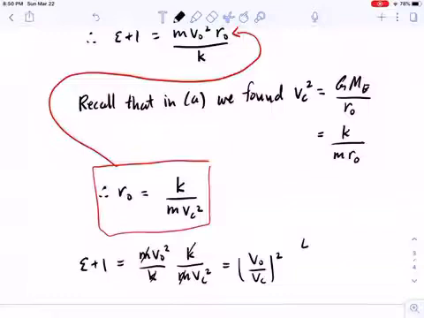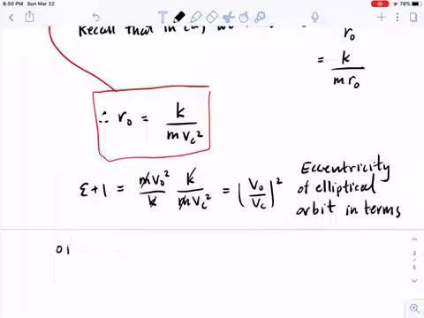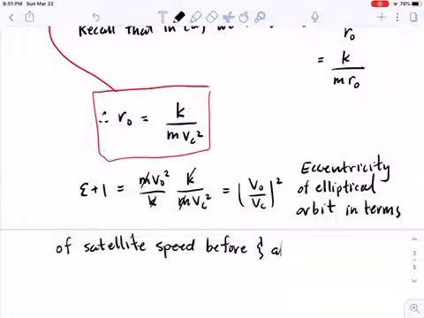So this is the eccentricity of the elliptical orbit in terms of the satellite's speed before and after the boost.